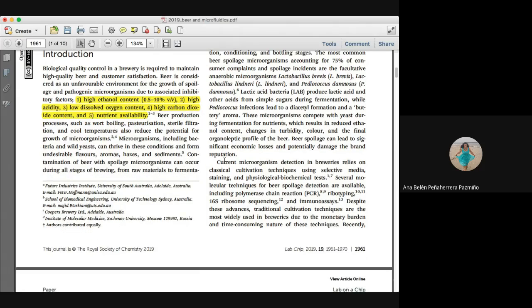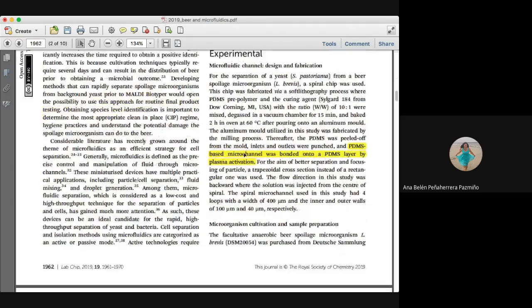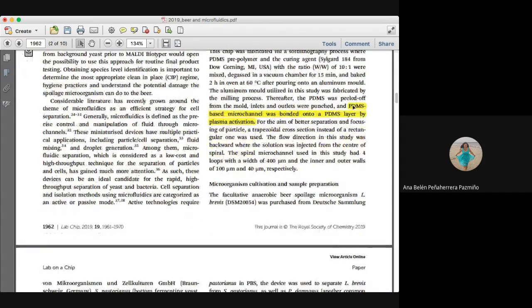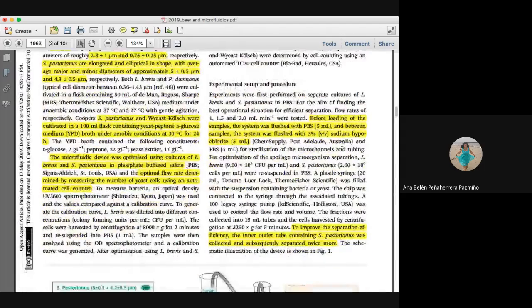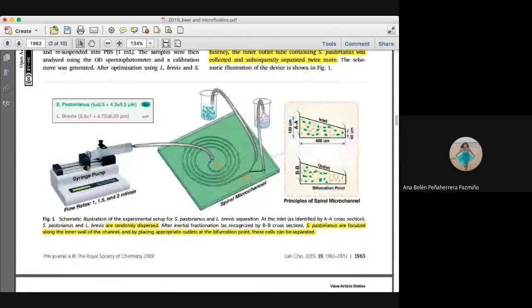availability. So here, these authors propose to create a microfluidic chip that consists of a PDMS body and a PDMS layer, and they are going to separate the bacteria from the yeast through this spiral design.